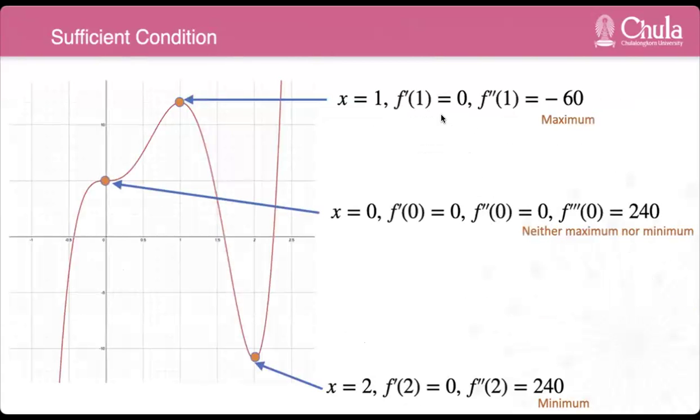So this is a graph of that function. You see that when x is 0, the order n is 3, so it's neither maximum nor minimum at this point.